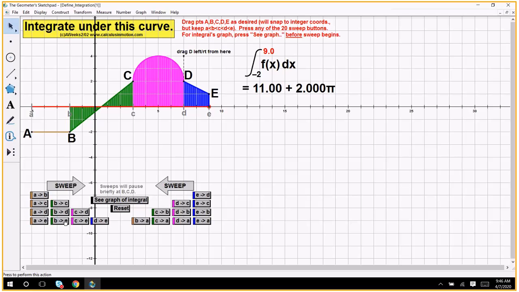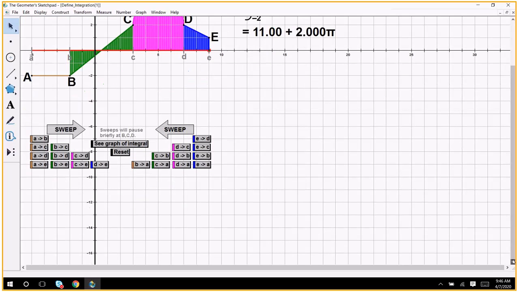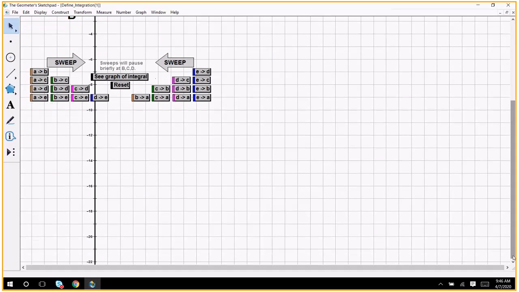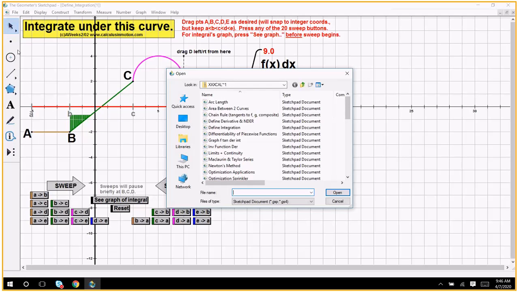There's another one. I don't know why, there should be a... where's the bottom of the screen? Let me see if there's another one right quick. Area between two curves. There we go.